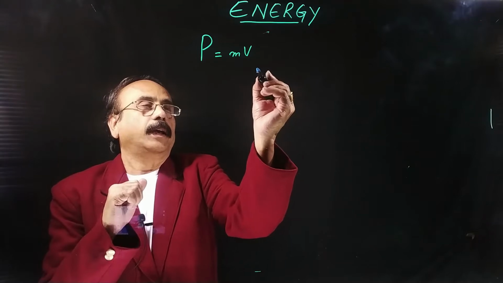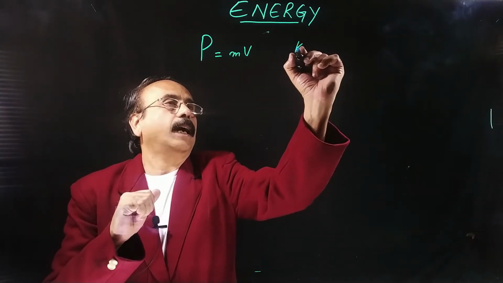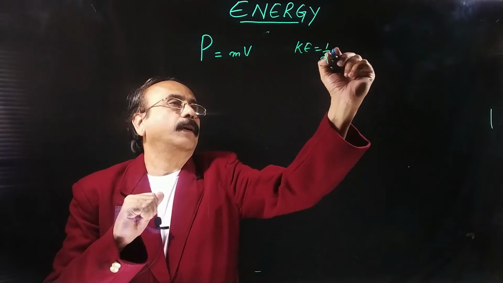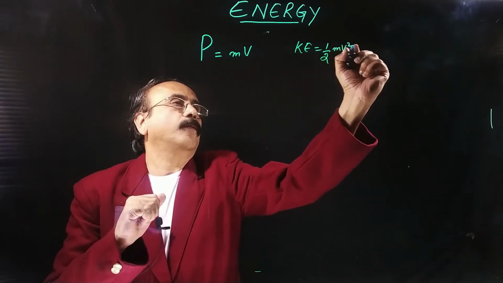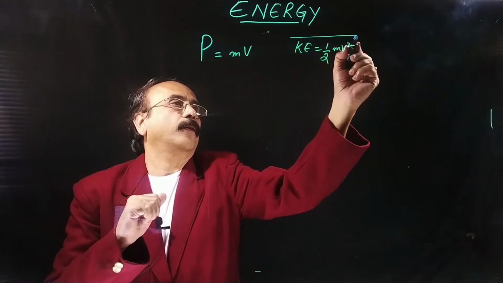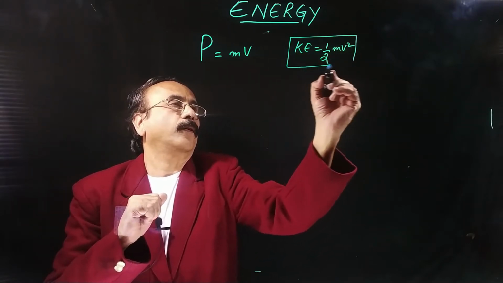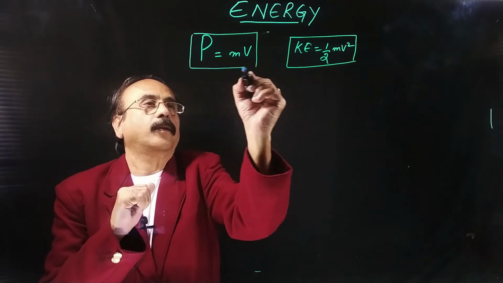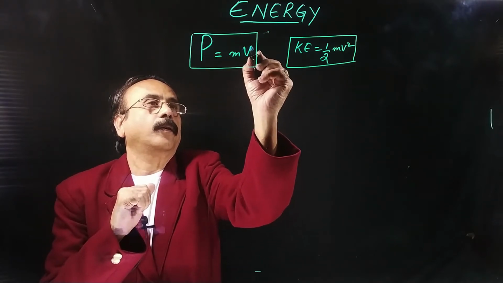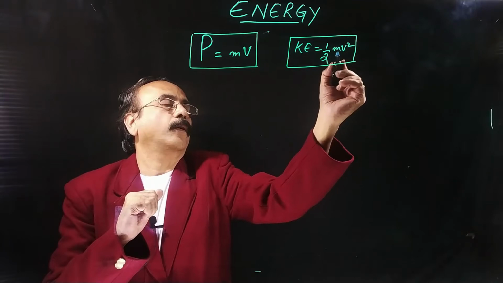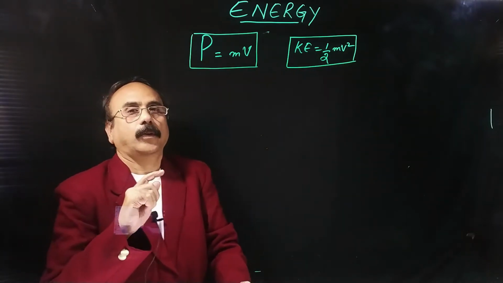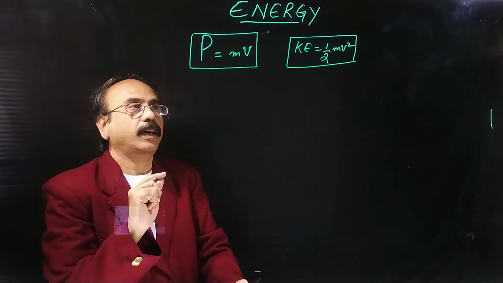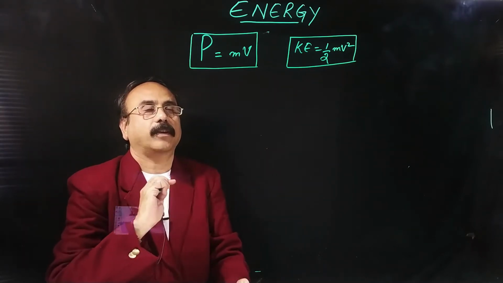Now, we know the formula, the kinetic energy is equal to half m v square. We know the formula for momentum is P is equal to mv and kinetic energy is half mv square.